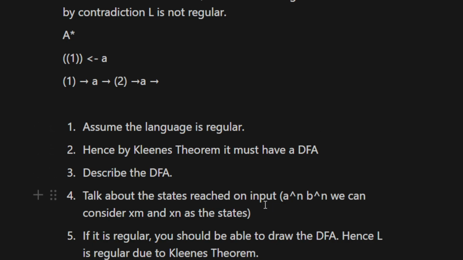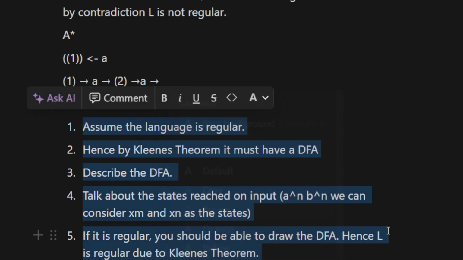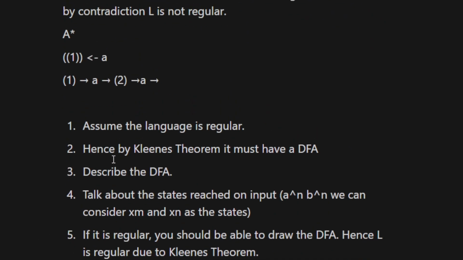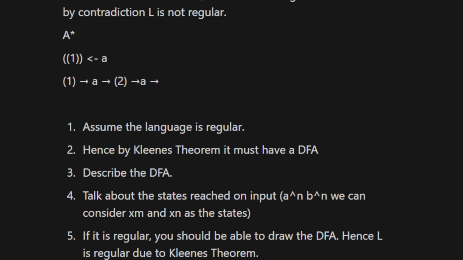Essentially it depends on what we're looking at in terms of if we've inputted a certain amount of a's or b's or whatever you want to look at depending on the question. And show that for all m and n they are inequivalent. Hopefully that makes sense. If I am waffling, let me know. But that's the sort of idea.